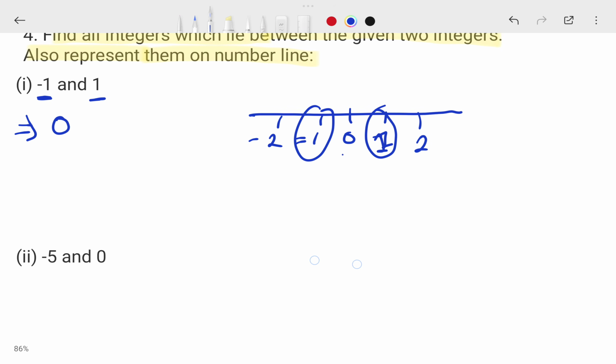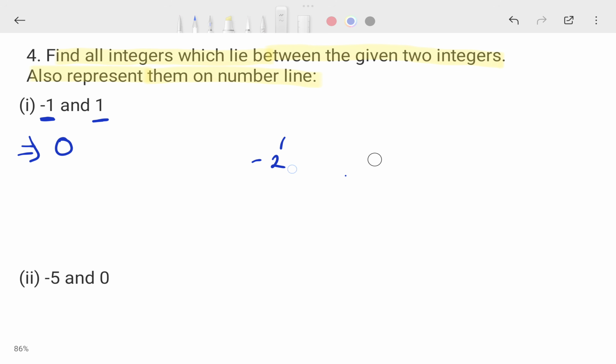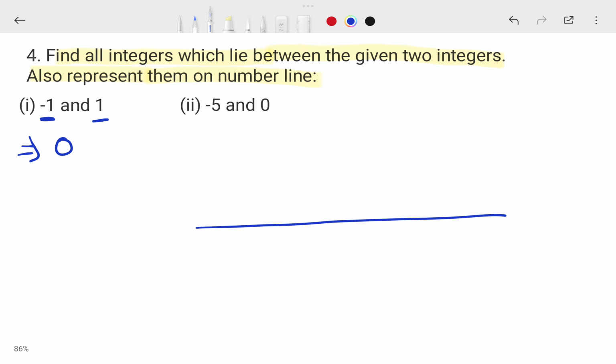Okay, so I think we can do this in one proper way. Let's do it. I will erase this one. Let's take this question and put it here. So let's suppose this is a number line: this is 0, this is 1, this is 2, this is 3, this is 4, and this is 5.